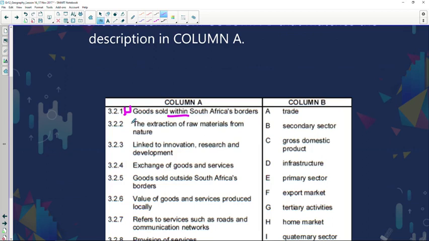The extraction of raw materials from nature, that sounds like a primary activity, and that will be number E, the primary sector. That's like farming, fishing, or mining.